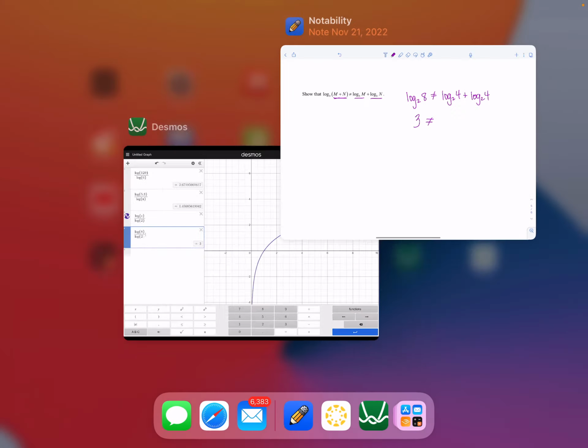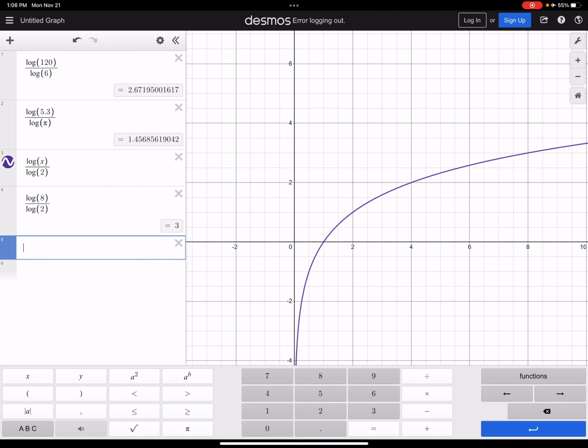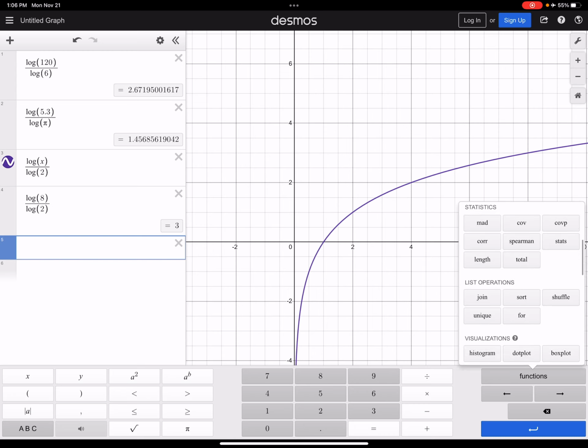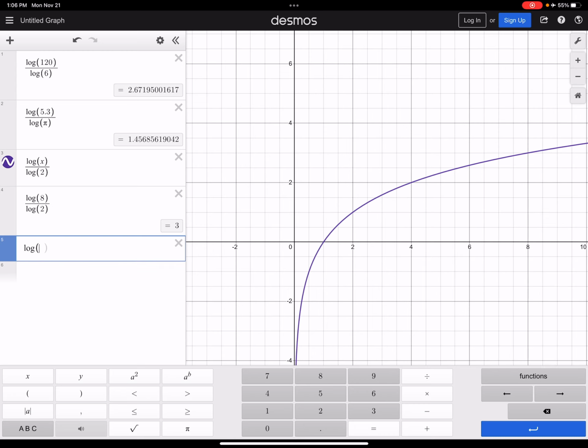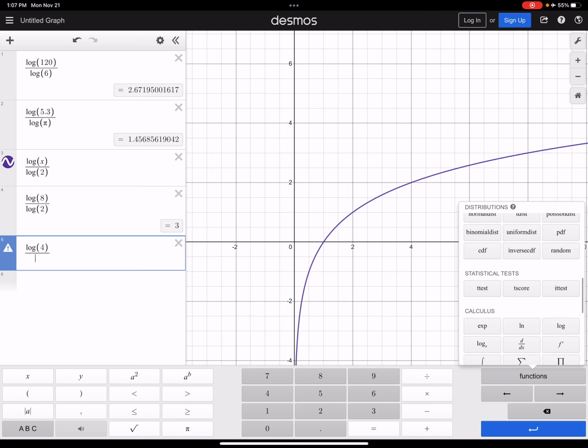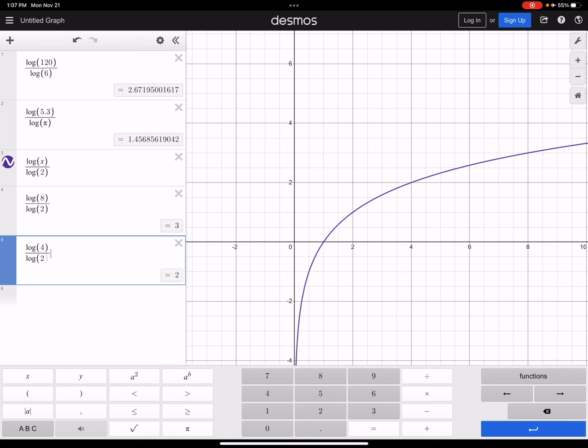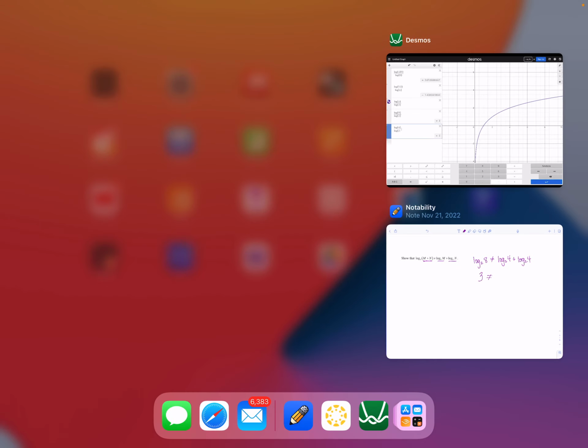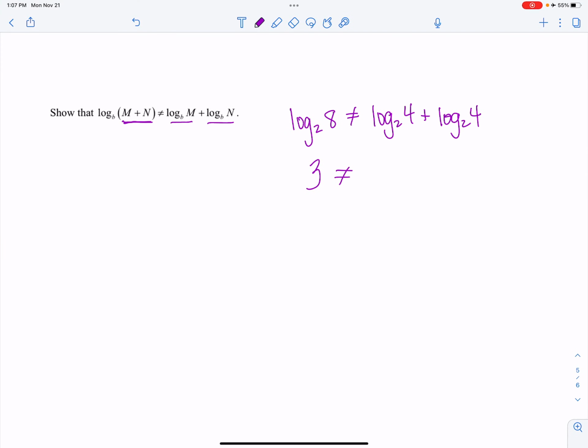So what is log base 2 of 4? Well, that's going to be log 4 over log 2. And log base 2 of 4 is 2. So this is not equal to 2 plus 2. 3 is not equal to 4. And there we go.